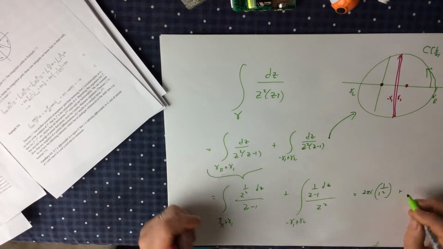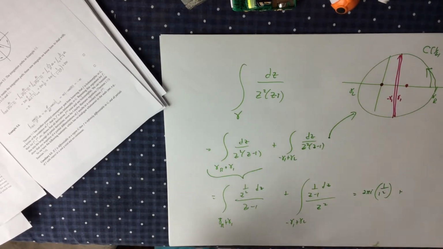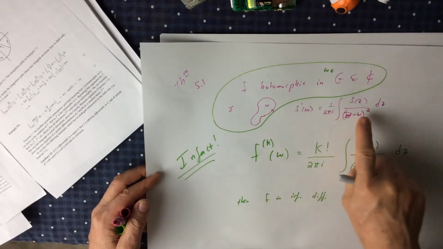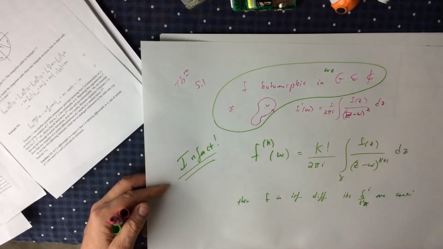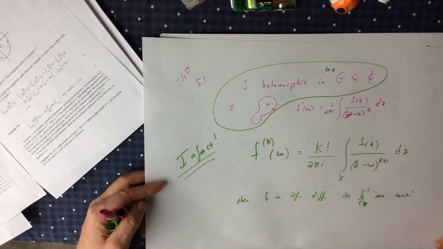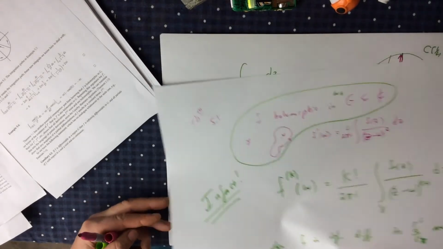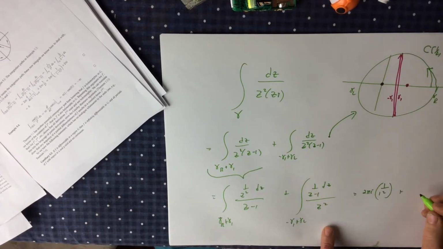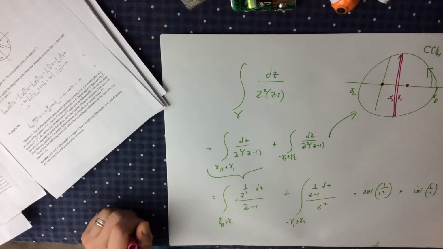Now the second integral here uses that formula that says we can evaluate the derivative when you have a square in the bottom, which is kind of cool. And it still has the same 2 pi i there because the k factorial hasn't had a chance to cancel anything. So guess what? This one gets evaluated the same way. We plug in 0, and so we get 2 pi i, and we plug in a 0 there.